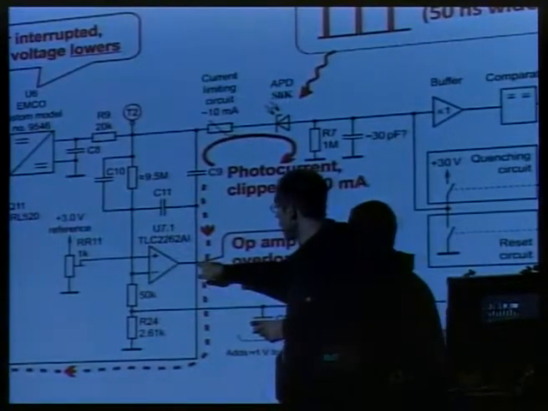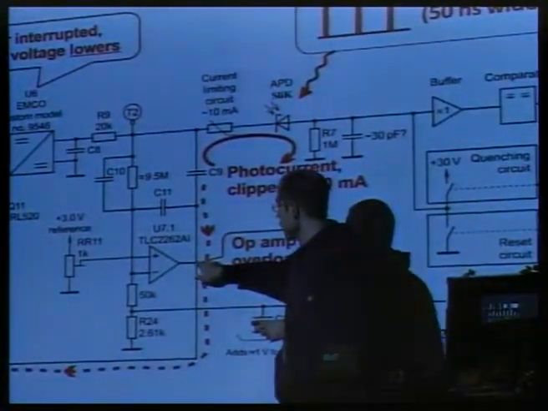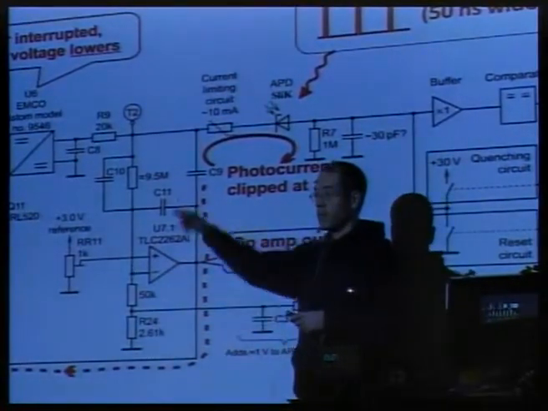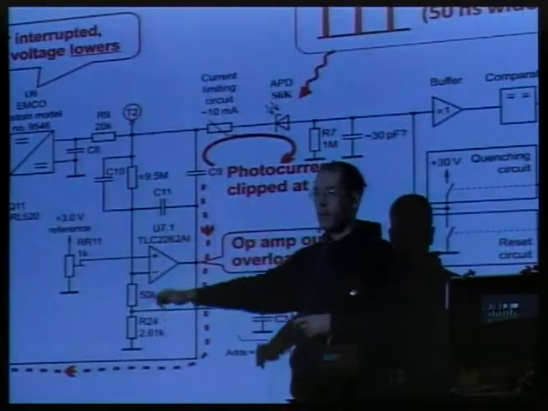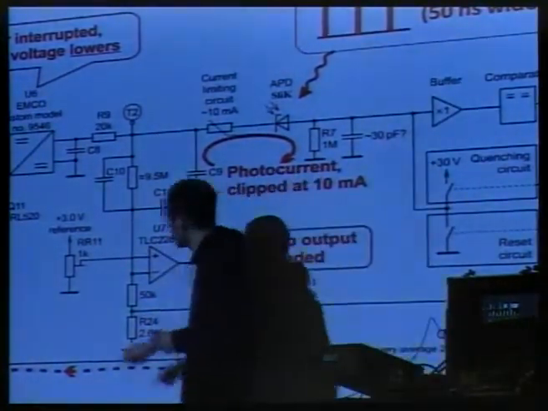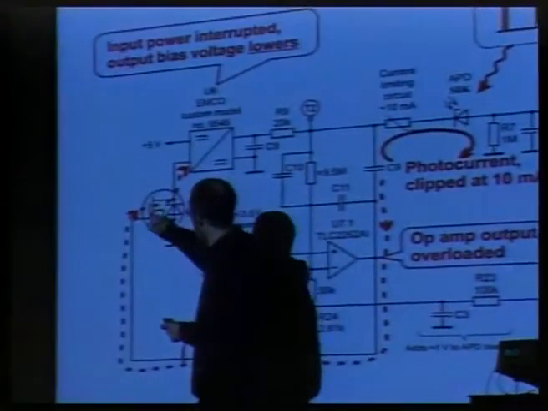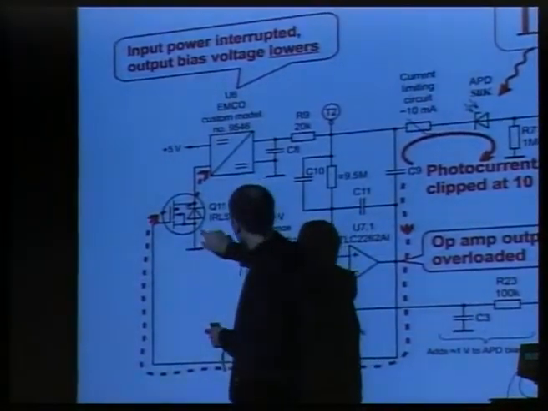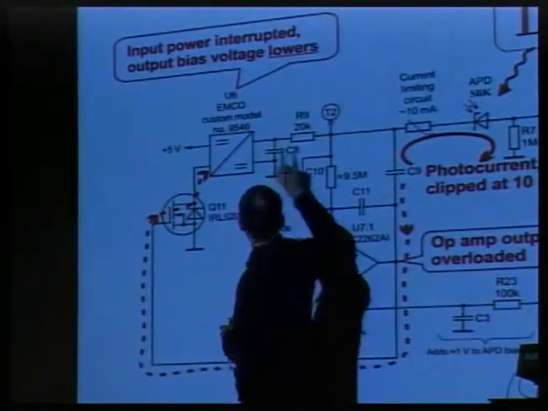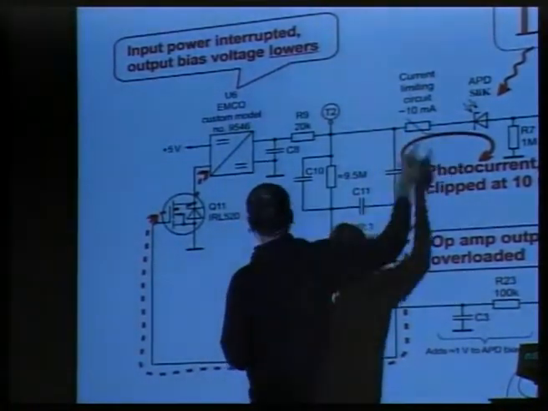So as a result, the operational amplifier outputs dips, typically a few volt dips, signal onto this FET transistor. And this transistor actually controls the power supply which biases the APD here.